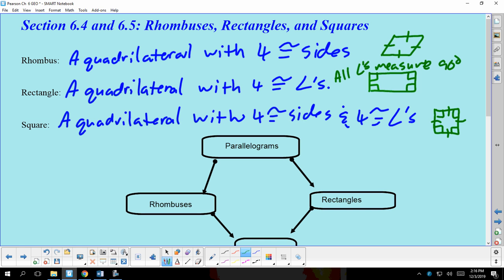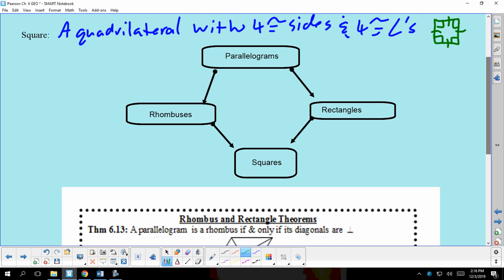So each of these shapes, rhombuses, rectangles, and squares, are all parallelograms, meaning they have all of the same properties that a parallelogram has: opposite sides are congruent, diagonals bisect each other, consecutive angles are supplementary, and opposite angles are congruent as well. In addition to those properties, we have a few others.